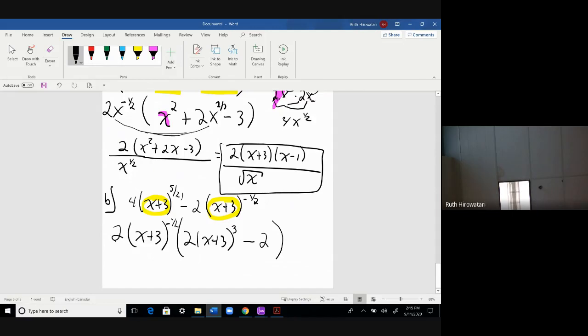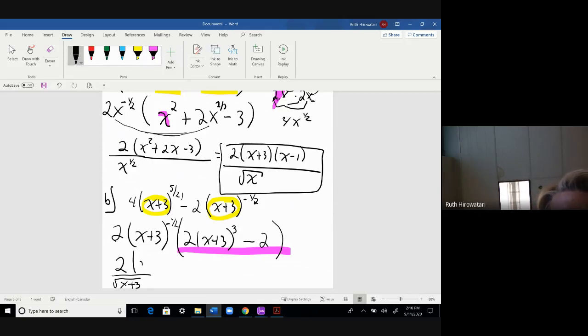Okay, you will probably come back and look at this example. It could be written this way. Oh, I see another GCF there of 2. So 2 over the square root of x plus 3. And then these second set of brackets have a GCF of 2.